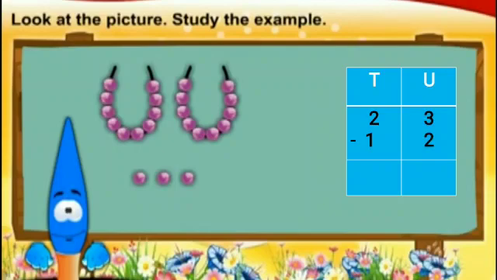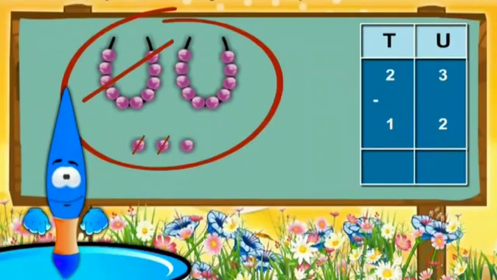And from this we have to subtract one tens and one units. So whenever we subtract them, we have to cancel them. Subtraction means cancel. So from the two tens we have to cancel 1, and from the 3 units we have to cancel 2.